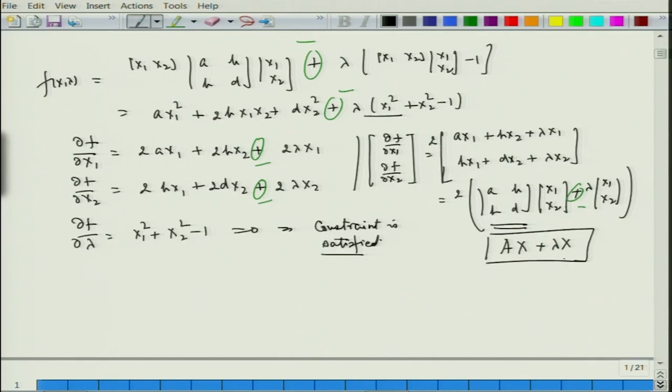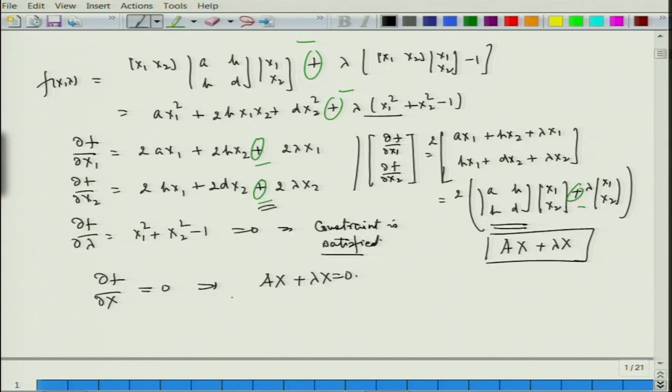So when I set del f by del x equal to 0, I need Ax plus lambda x to be 0. I am putting a minus here for clarity, because that is the way we are going to follow.